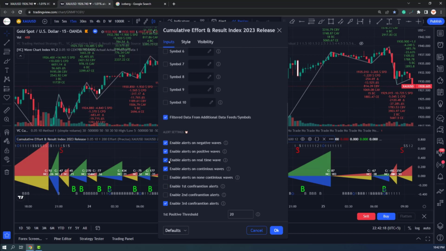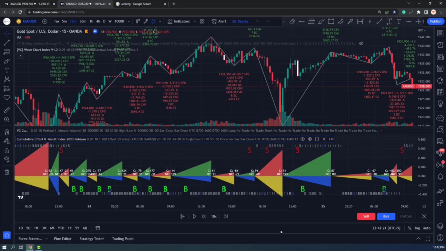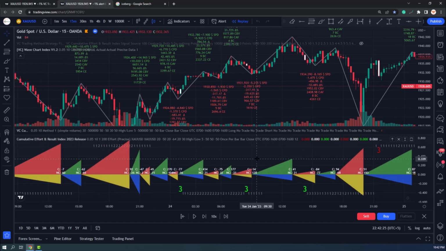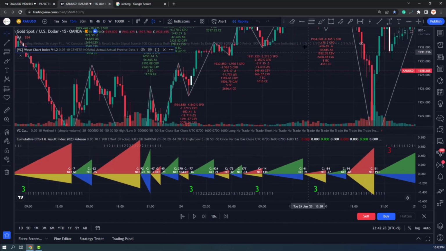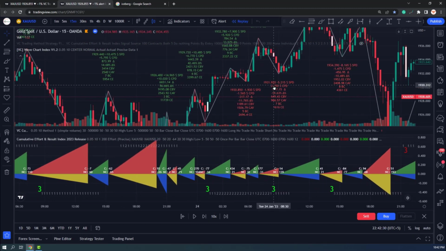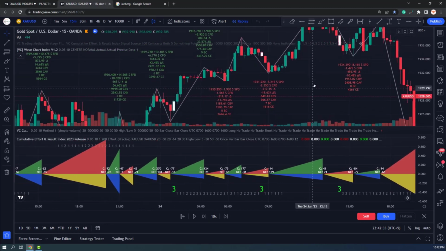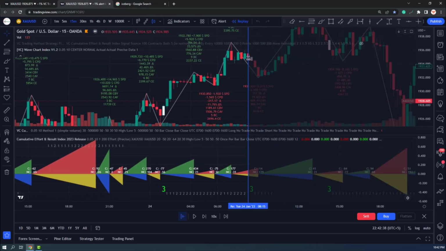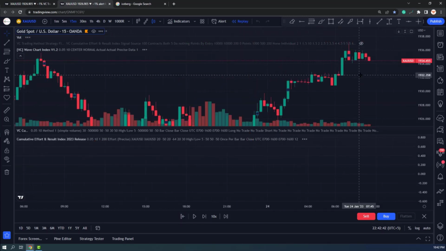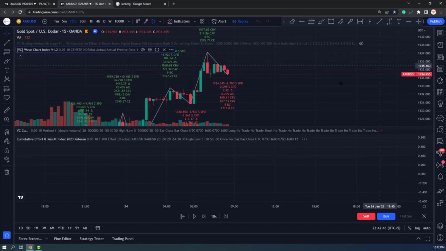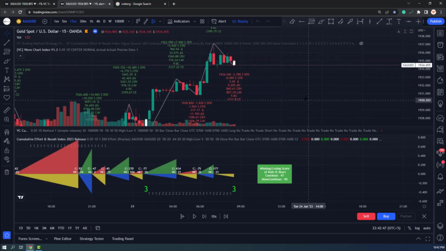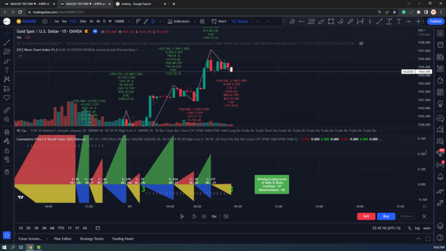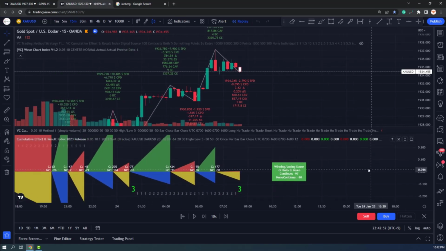It's just to give you the idea how you can see the third confirmation. I just reduce the threshold. Yes, you can see here.